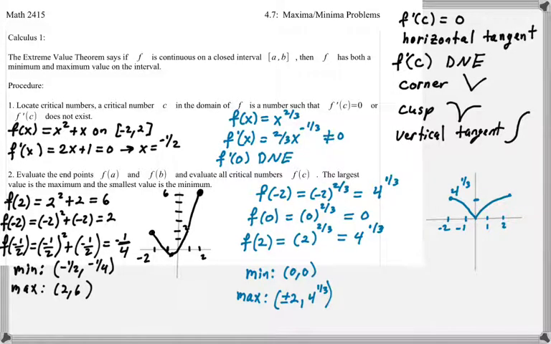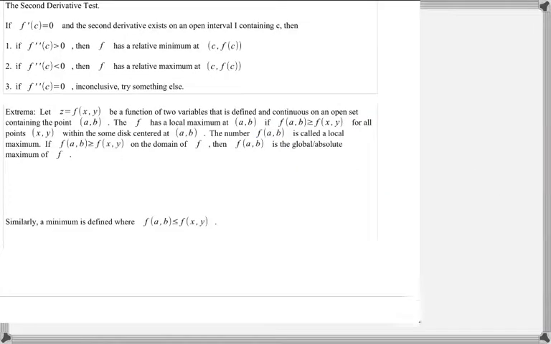All right, let's continue on to the next slide. We have a theorem, the second derivative test. It says that if f prime of c is equal to 0, so you have a horizontal tangent, and the second derivative exists on an open interval I containing c, then if your second derivative evaluated at c is greater than 0, that means you have concave up, and so you have a relative minimum at c, f of c.